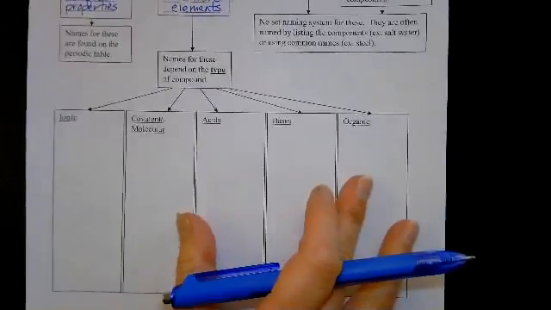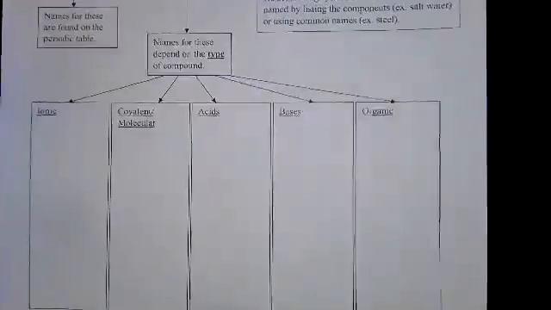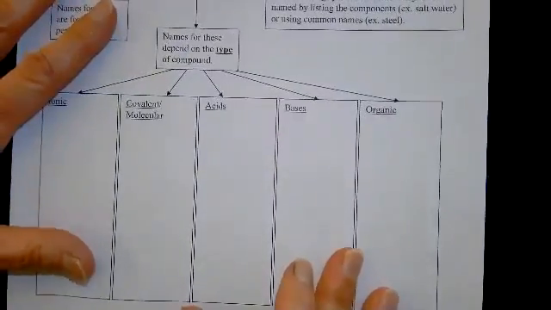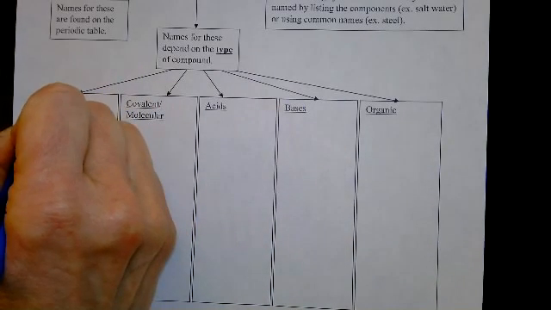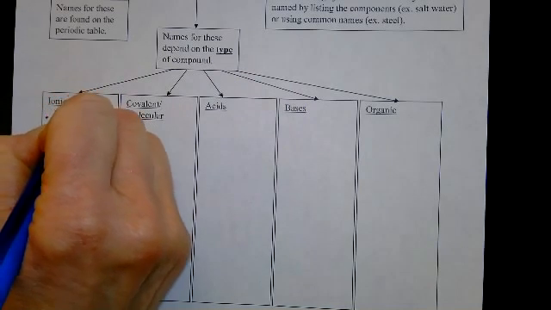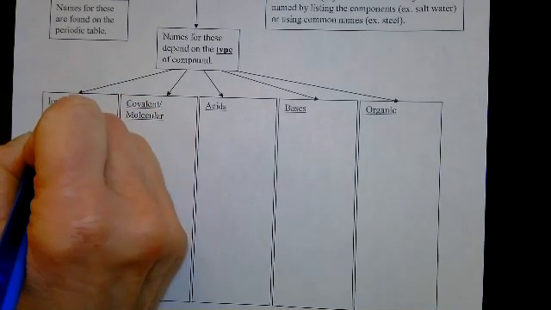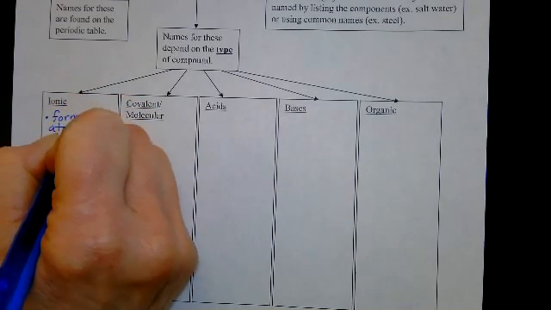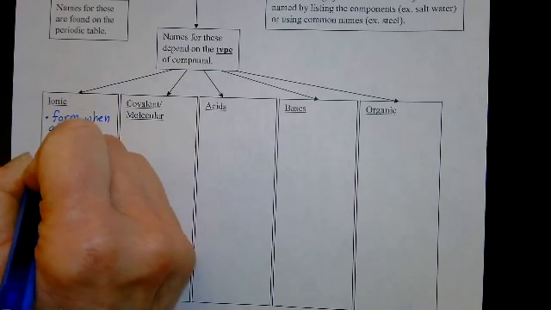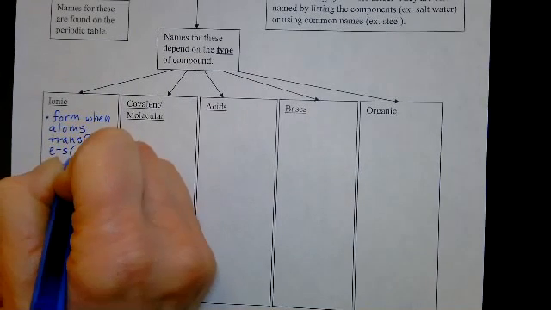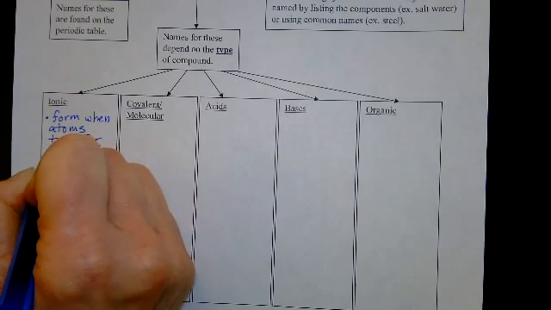Okay. So for the first type of compound, we have ionic compounds. We've looked at these previously, and we know that these form when atoms transfer electrons. That means to give electrons and take electrons.